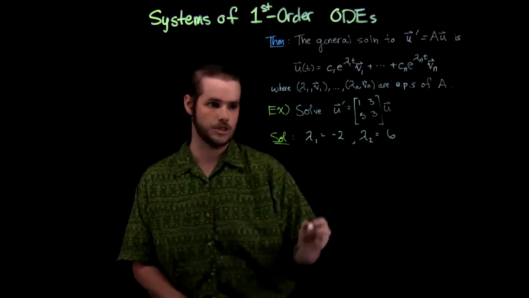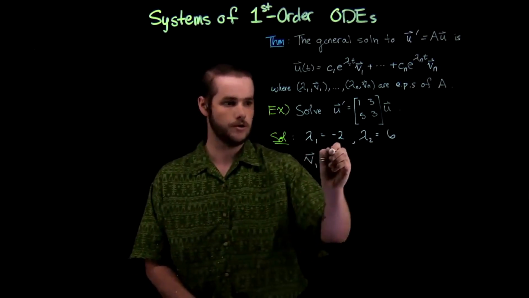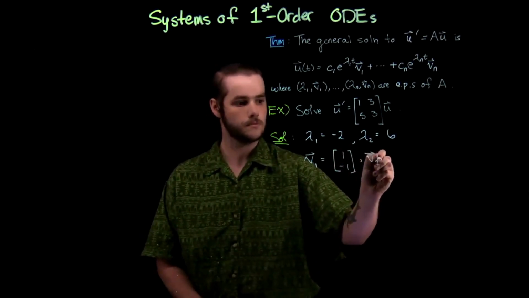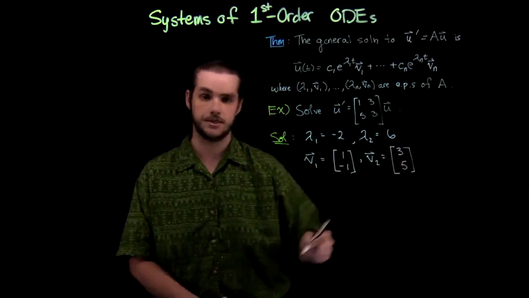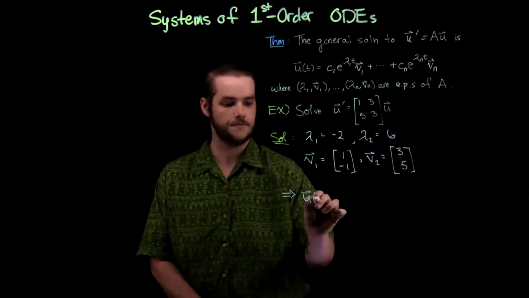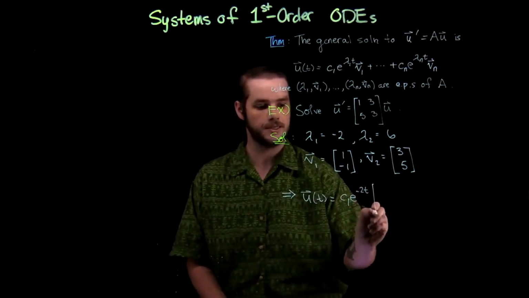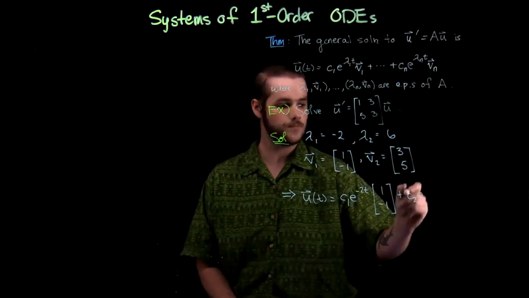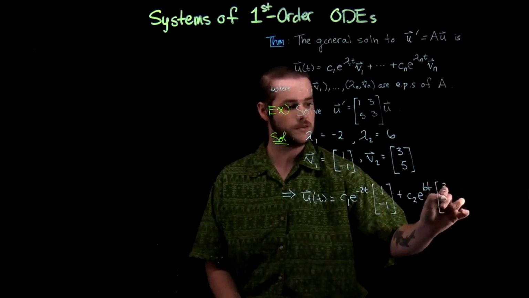The eigenvectors corresponding to those eigenvalues are (1, negative 1) and (3, 5). So the general solution is u of t equals c1 e to the negative 2t times v1 plus c2 e to the 6t times v2.